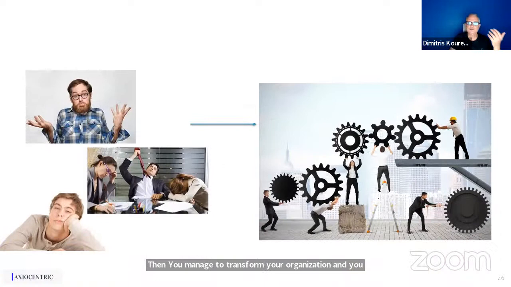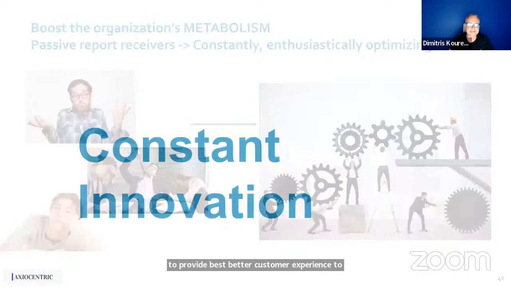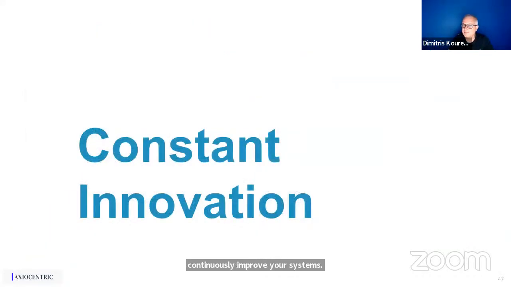So you need to apply those new systems so that you can make your team, instead of being passive report receivers, be active, to provide better customer experience, to continuously improve your systems. That's very, very important.